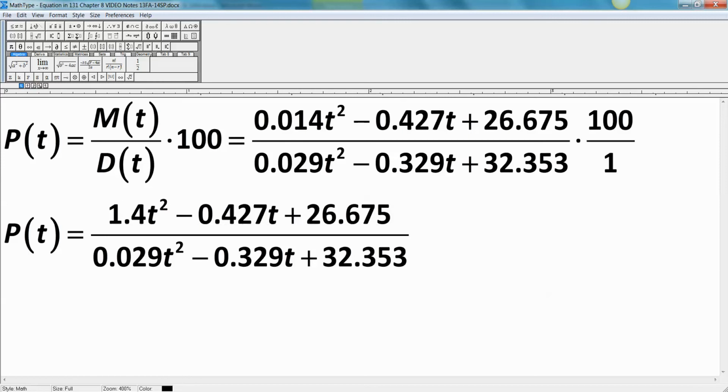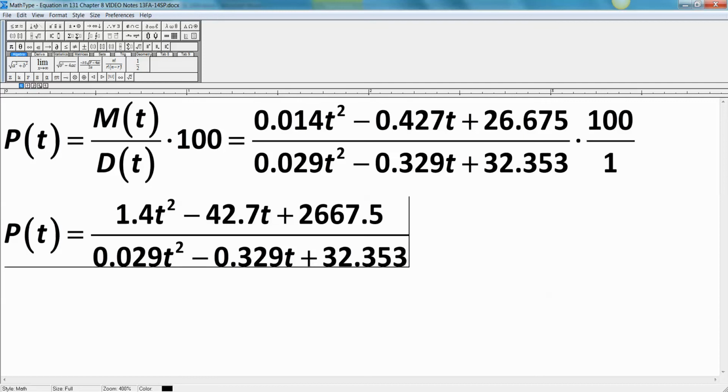For example, this 4 was in the hundredths place, but you multiply by 100 and it turns it into the ones place. That same thing will happen here. So that instead of being before the 4, it'll be right here after the 2. So it'll turn that into a 42.7. And then here it'll move it after the 7, so it'll become 2,667.5. All right, there's our percent function. Part A is done.